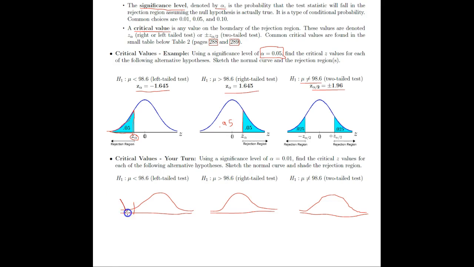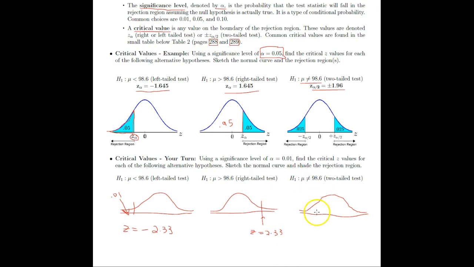And remember our alpha is 0.01, so we're trying to find the z-score such that this area right here is 0.01, which is a z of negative 2.33. I've got a physical table in front of me, so I look that up and see negative 2.33. For a right-tailed test, we're going to cut it off right here, which is a z of positive 2.33.